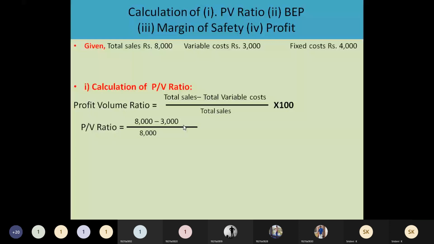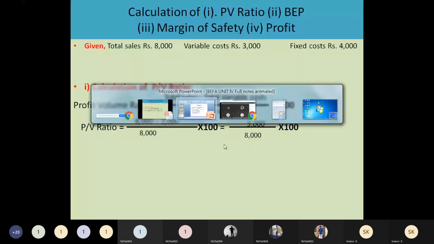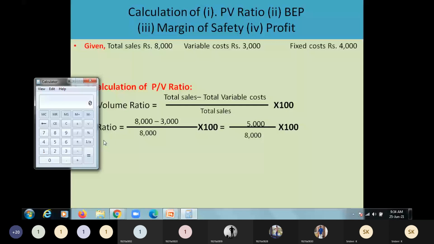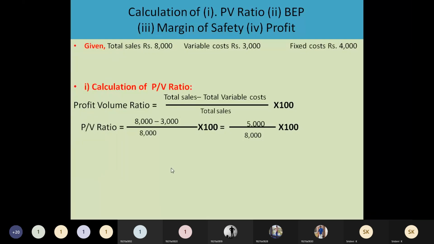So 8,000 minus 3,000 is 5,000. 5,000 divided by 8,000 gives 0.625. 0.625 into 100 will give you 62.5 percentage.